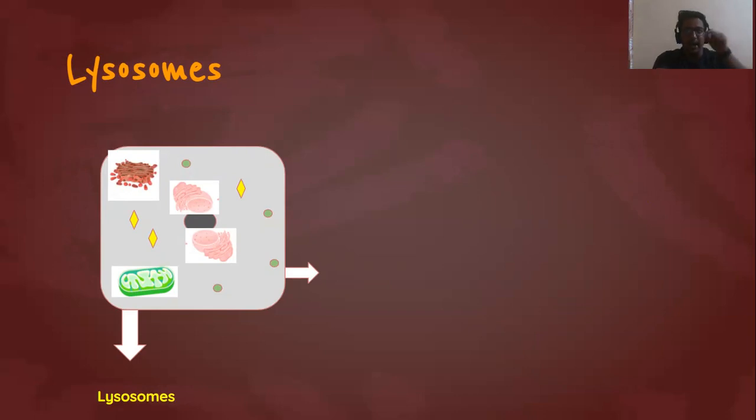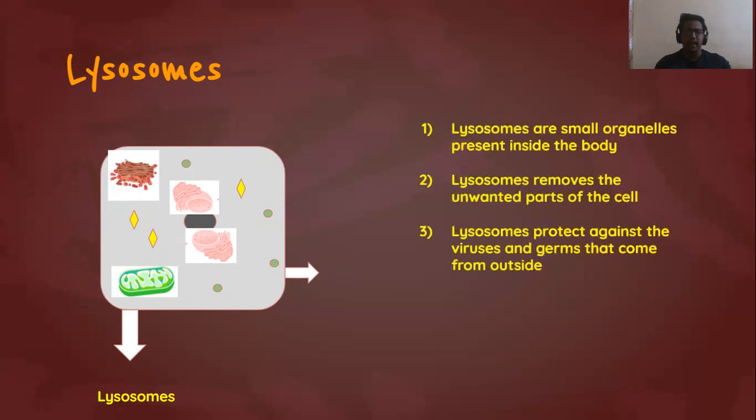This yellow rectangle, rhombus, kite-like thing that you see in the figure is called lysosomes. Lysosomes are small organelles present in the body.